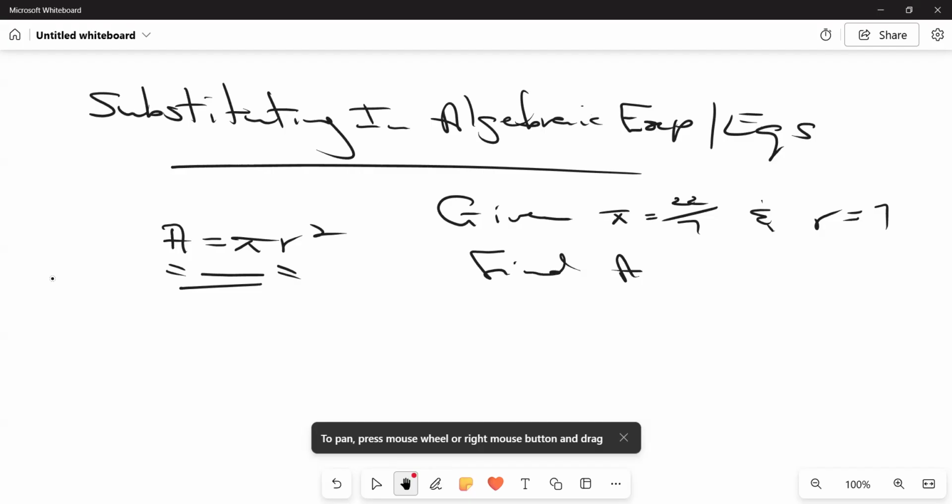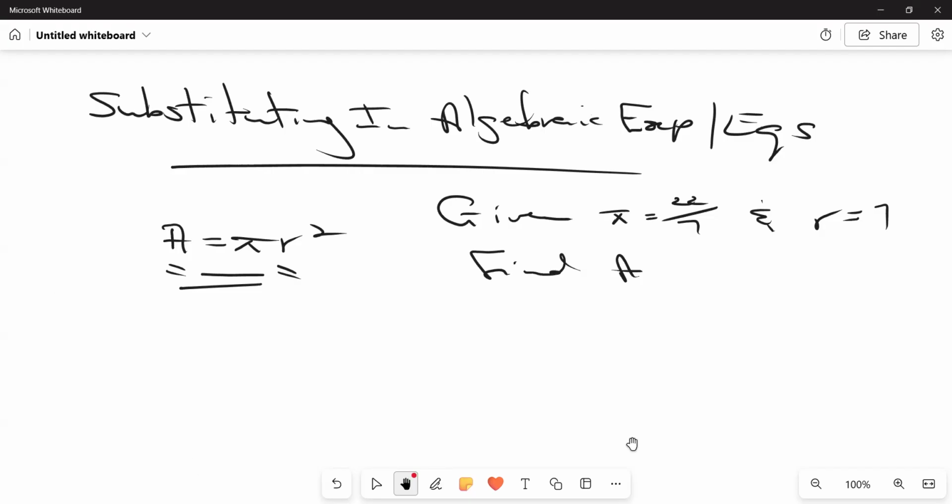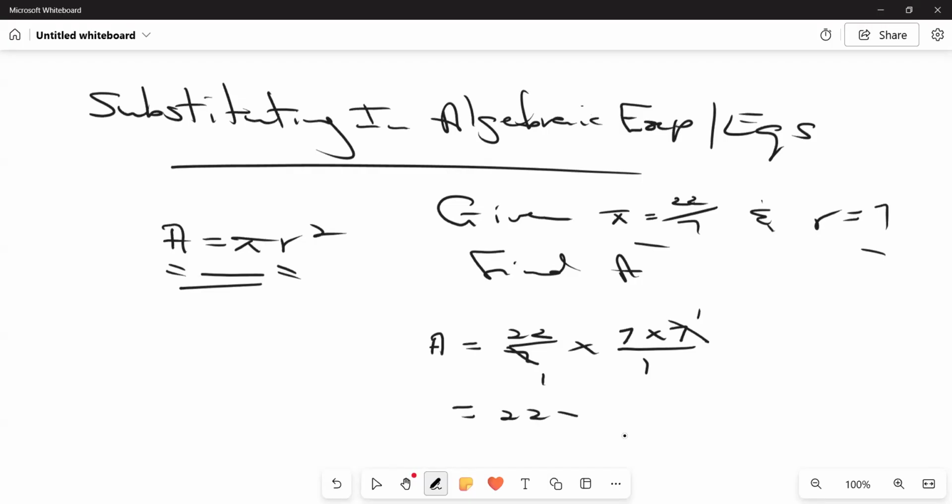So what do we do? Well, we can substitute the value of pi and 7 here. And we get what? A would be equal to 22/7 times 7 squared, which is 7 multiplied by 7, right? Then cancel one of these 7s with the other. And you're left with 22 multiplied by 7.